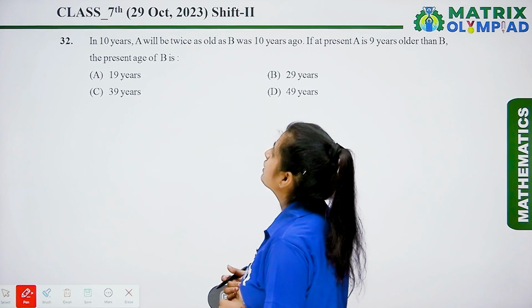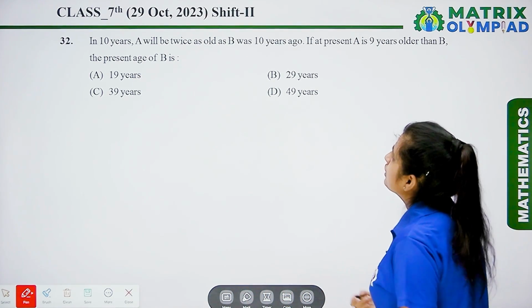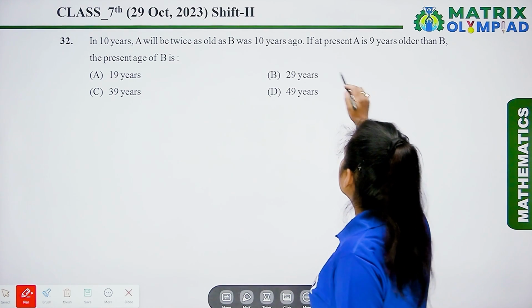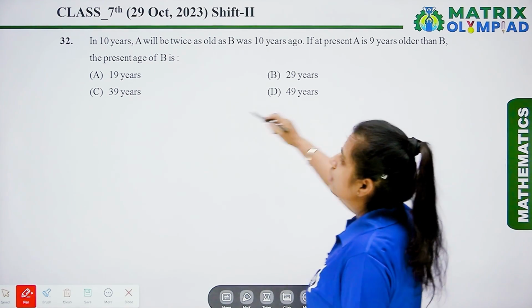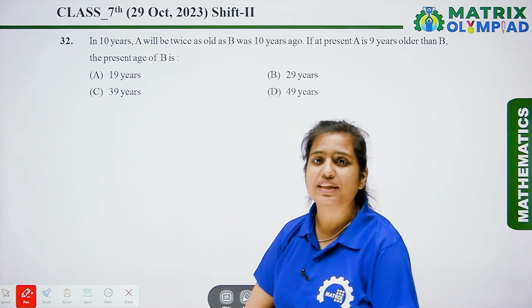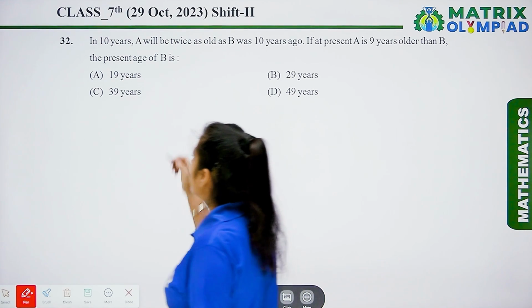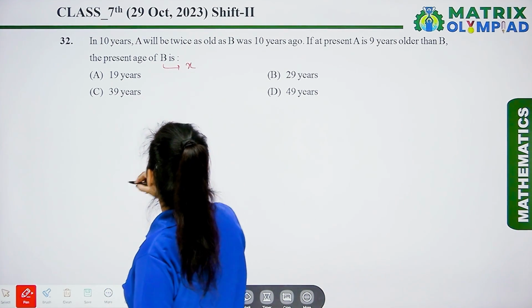In 10 years, A will be twice as old as B was 10 years ago. If at present A is 9 years older than B, the present age of B is. So here we have to find out the present age of B. So let the present age of B be x.